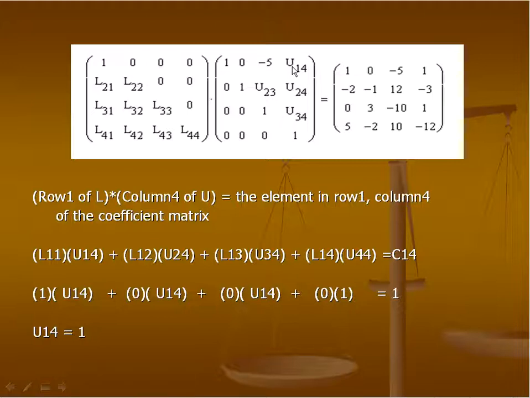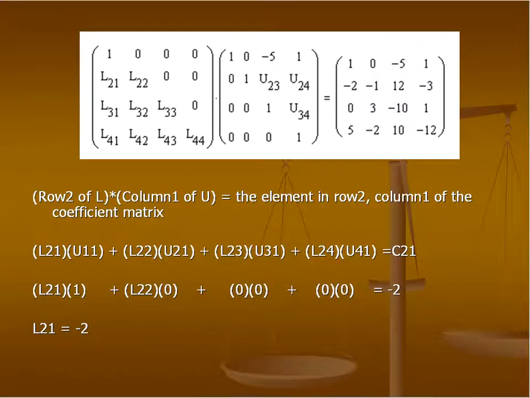So that's 1 times U14 plus 0 times U24 plus 0 times U34 plus 0 times 1 is equal to 1. So 1 times U14 plus 0 plus 0 plus 0 equals 1, and U14 is equal to 1. So we're going to replace it by 1 here. And there it is.